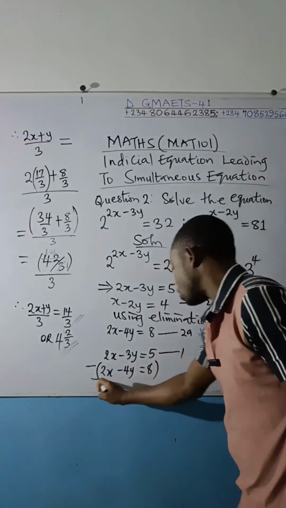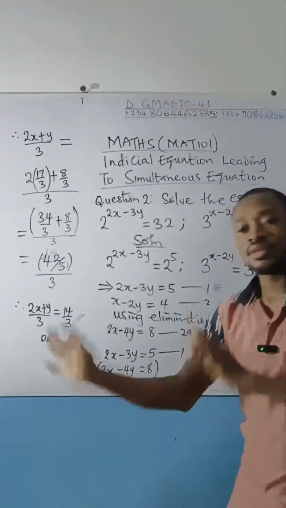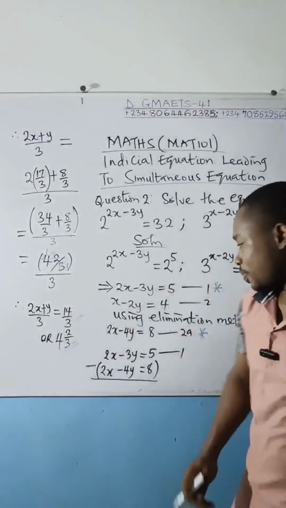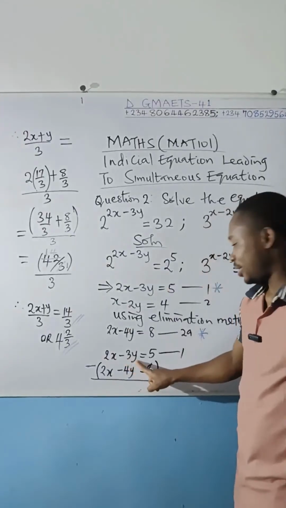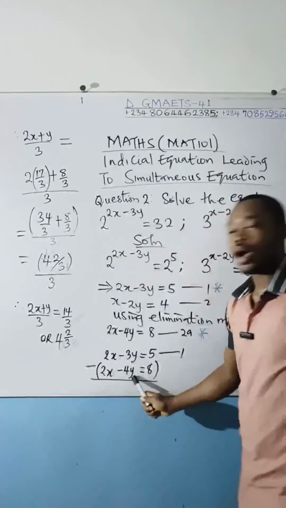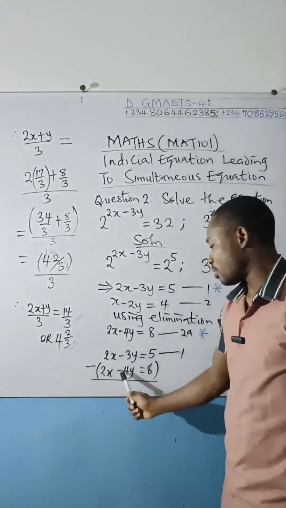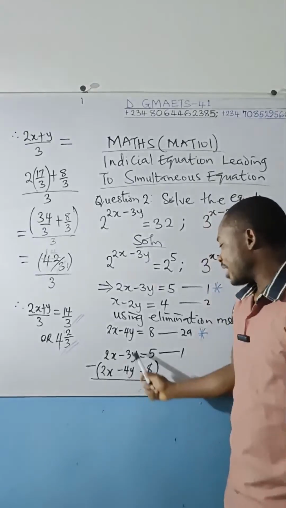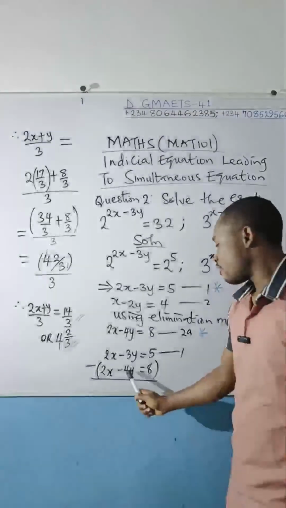Remember, I am subtracting. 2x minus 2x is 0. x has disappeared. Now watch. Minus 3y minus 4y. See, this minus will change to plus, because minus times minus is plus, which means that this y term is actually minus 3y plus 4y.